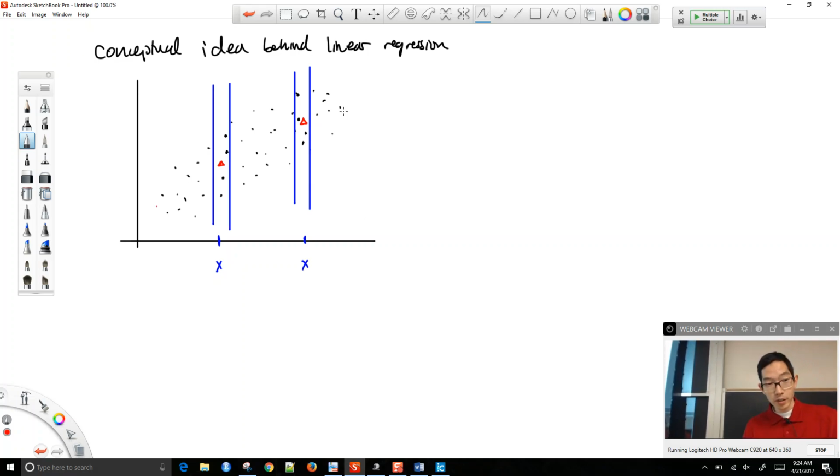The idea is we're doing something like this across all of the data points. We're taking different slices and finding the mean of those slices, and trying to find a line that runs through them.